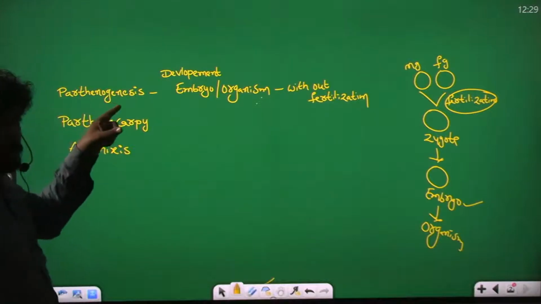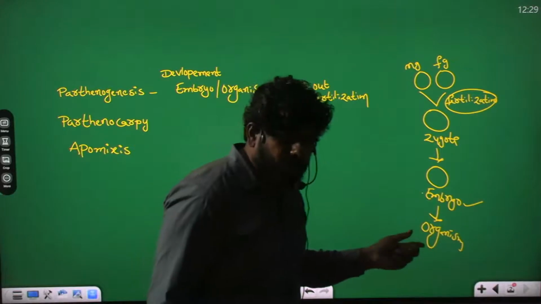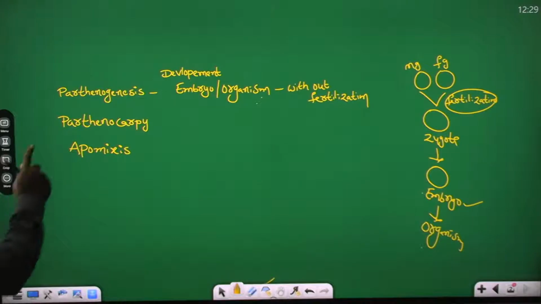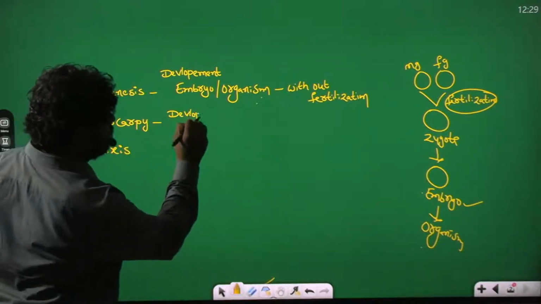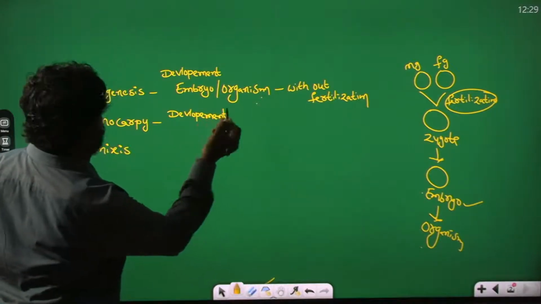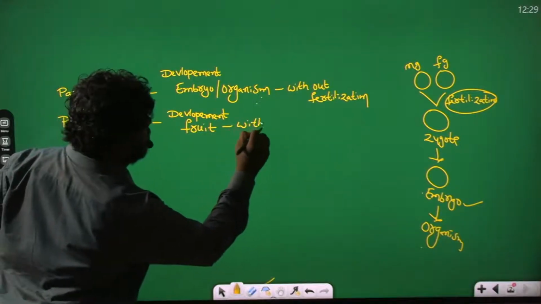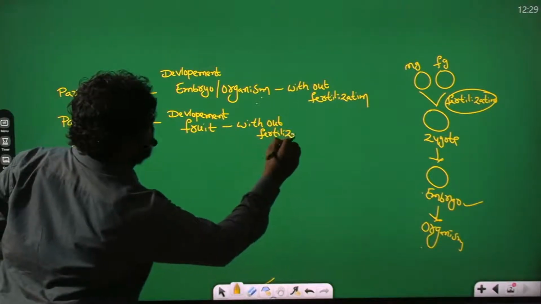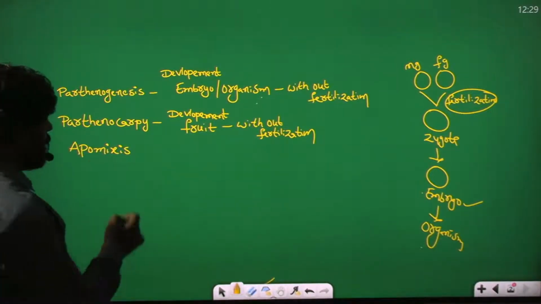But here, what is parthenogenesis? Development of an embryo without fertilization. Development of an embryo or organism without fertilization is called parthenogenesis. Parthenocarpy, same again. Development of fruit without fertilization. Very good. Development of fruit without fertilization is called parthenocarpy.